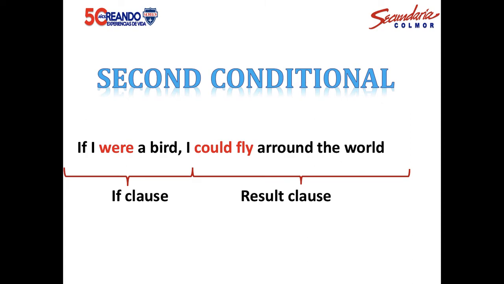Yes, perfect. Now we have another example here to be clear. If I were a bird, I could fly around the world. This is another use for the second conditional. Can you see? Yes, we are talking about the past, where if I were a bird, I could fly around the world.